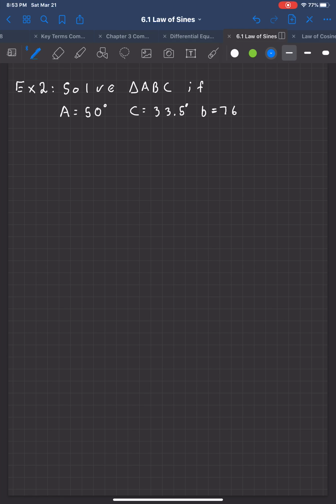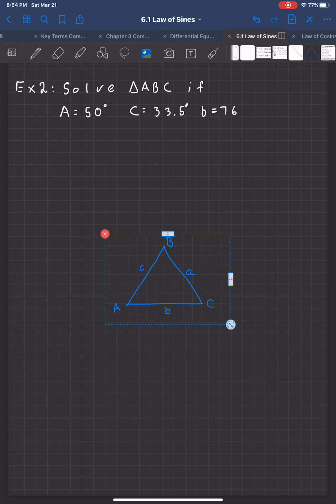So let's try another one, and then we'll probably stop this video and let this be part A. Ready? Notice how all the questions look the same. Solve triangle ABC if A is 50 degrees, C is 33.5 degrees, B is 76. My suggestion still stands.